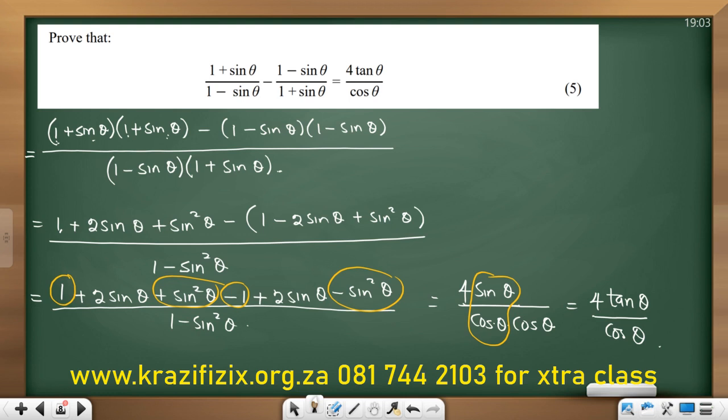All right. So once you break a rule, maths would break you. Break a rule, maths breaks you. So where did you get the other cos? What is 1 minus sine squared theta? It's an identity. Yes, sir.